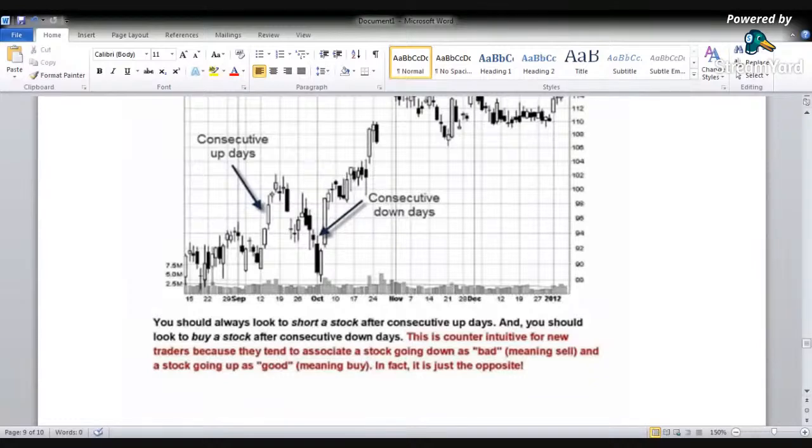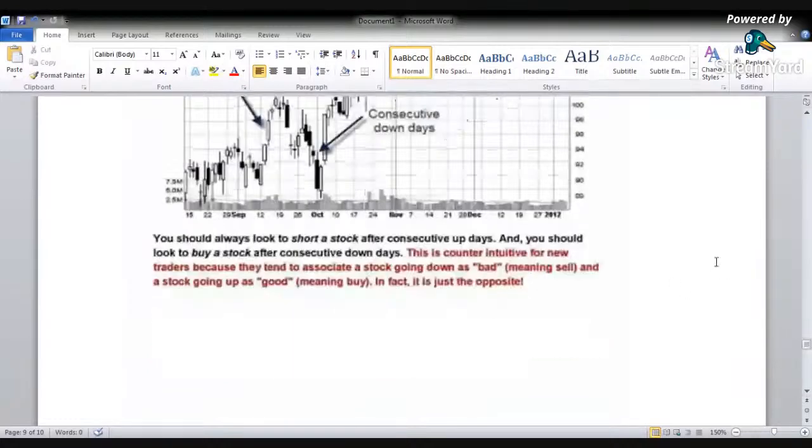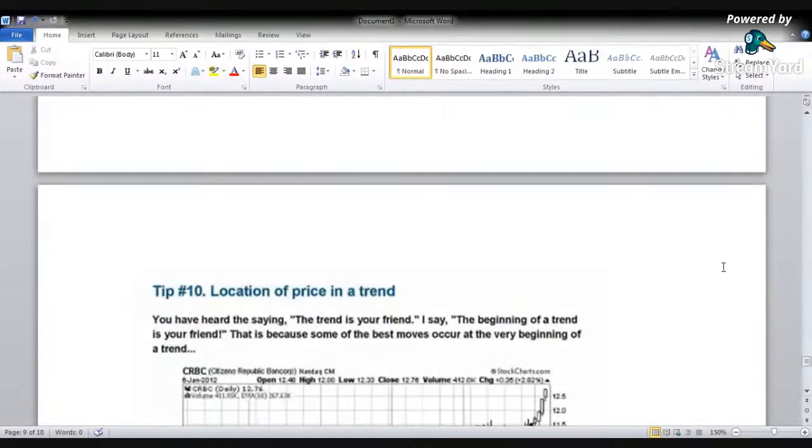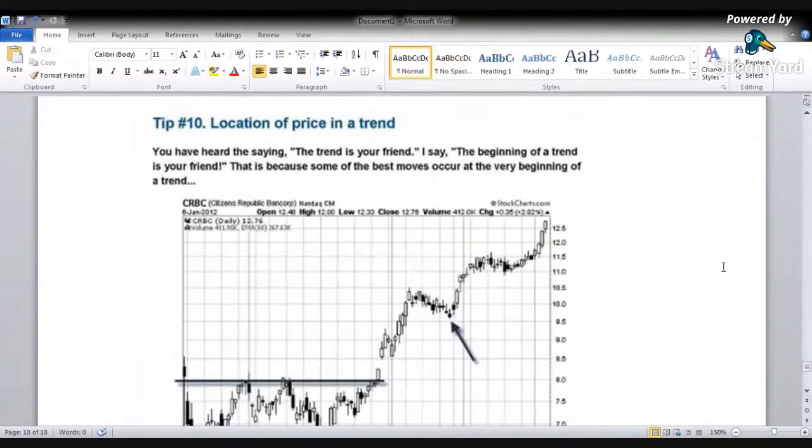So next one is the last one. The tip number 10 is the location of a price in a trend. Okay. Somebody is saying that the trend is your friend. Okay. Why we call this one?